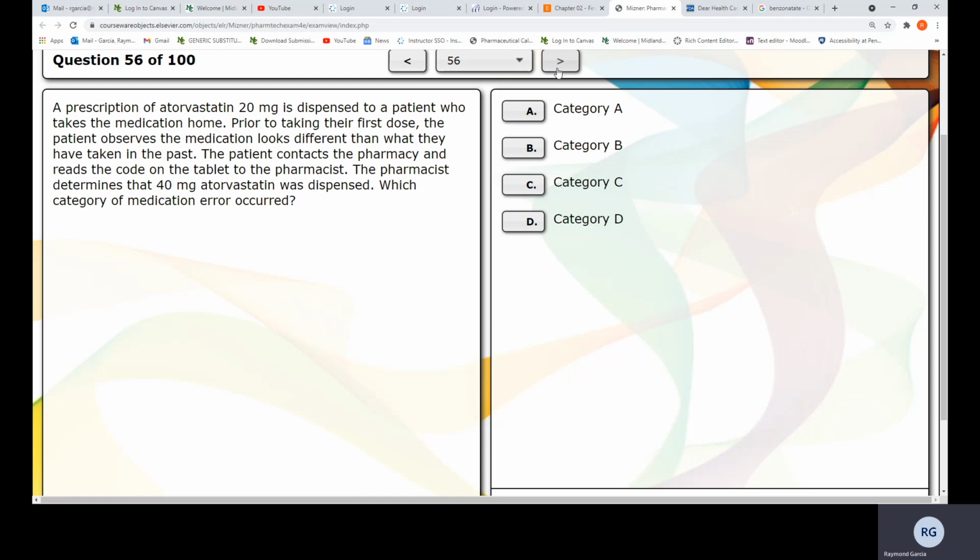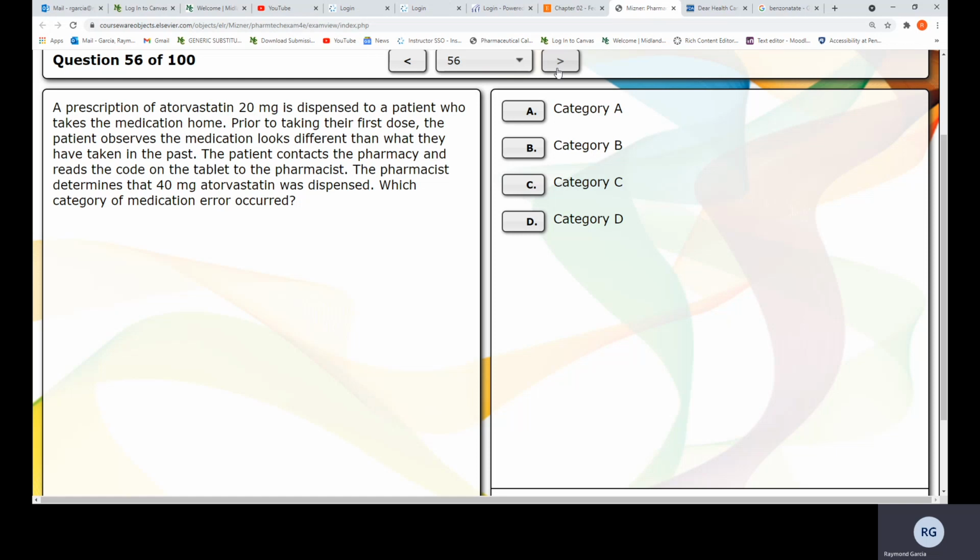So, which one is it? Letter B is error that did not reach the patient. Letter C is error that reached the patient but unlikely to cause harm.